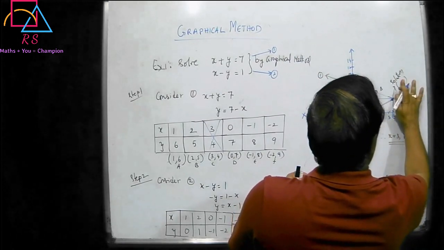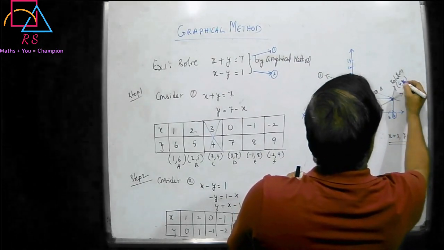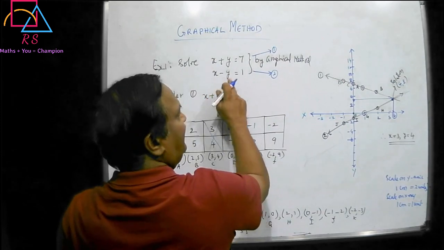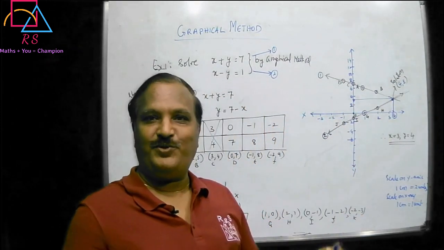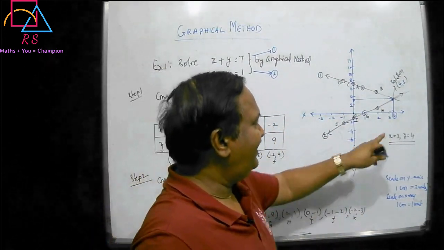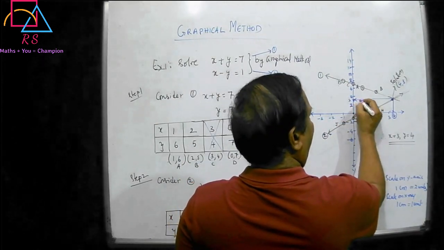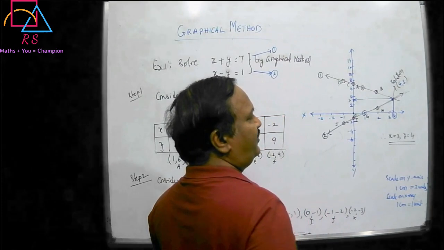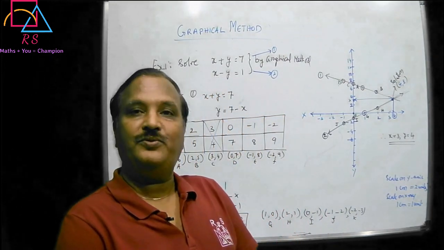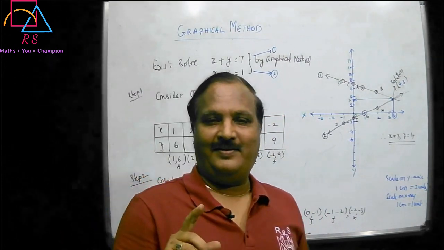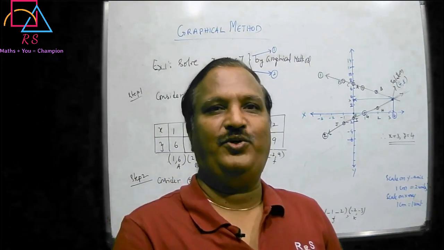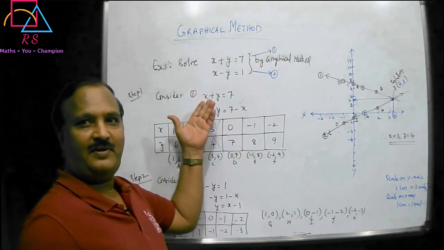So then it will be 4 and 3. 4 plus 3, 7. 4 minus 3, 7. Like this also you can manipulate it. Okay. So 4 and 3. This is 3. So this is the solution. This is how you have to do the graphical solution of a system of linear equations.